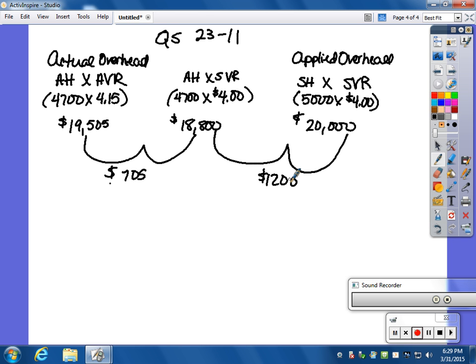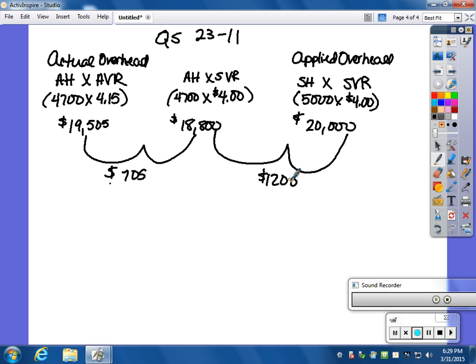Not a different rate, a different what? Output. Going back to what I originally said, the output being different means that this time standard is greater than actual. So that means it's favorable or unfavorable? Favorable.